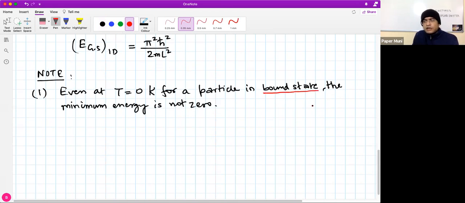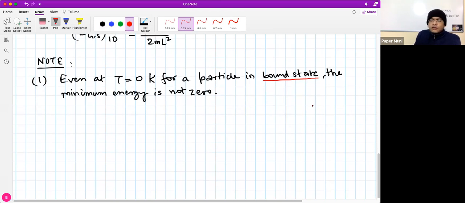The important point to note is this. The particle has to be in the bound state first of all, and then if you take the system to 0 Kelvin, the system will be in its minimum energy configuration, and we find that the minimum energy is not 0. This is the result we have been getting everywhere, like in 1D potential, in 2D, and 3D, and harmonic oscillator potential also. So there is a minimum non-zero value.